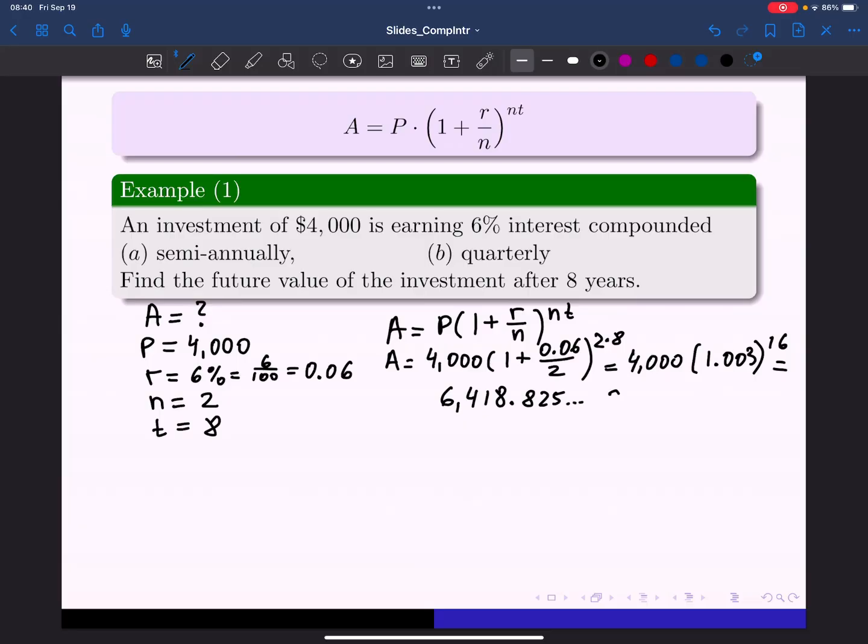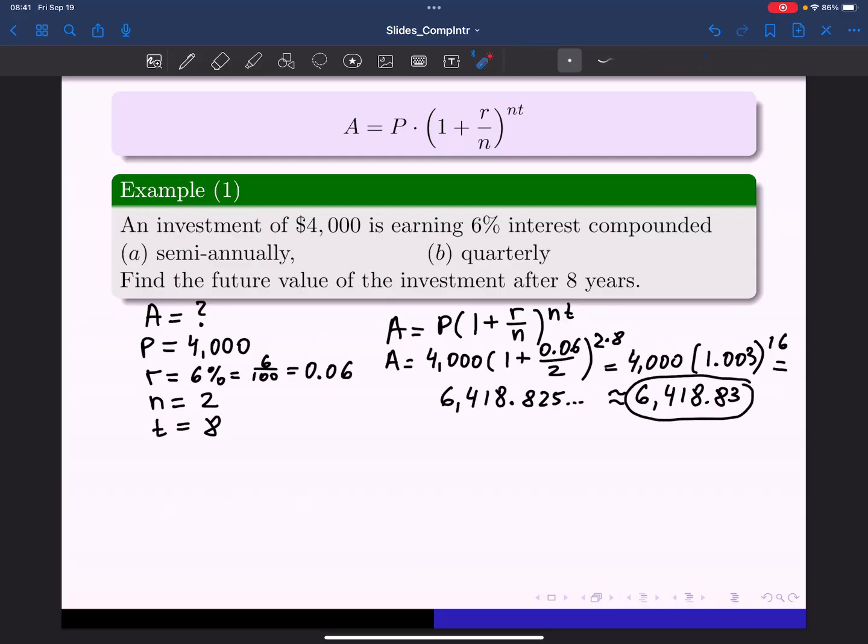So we need to always round the final answer to 2 decimal places, to the nearest cents. So to 2 decimal places, we look at the next digit, it is 5 or more, so we round up this number 1, increase it by 1. So 6,418 and 83 cents.